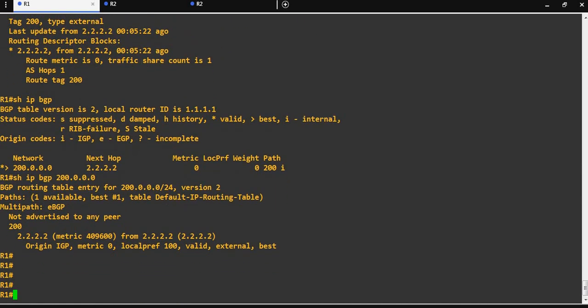Okay, however, it is showing that it has only a single path to reach via 2.2.2.2, and internally it is doing the load balancing using the IGP, that is EIGRP we are using. So in my next video, I'm going to discuss BGP multi-homing, wherein I will show how we can use this maximum paths command in BGP to load balance the traffic, and we will discuss that in more detail.